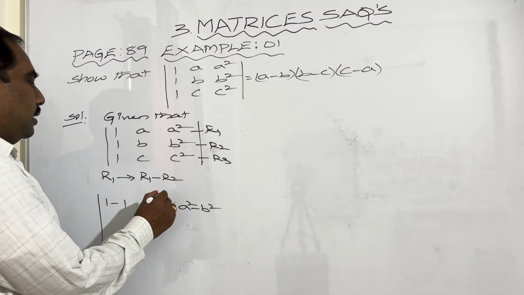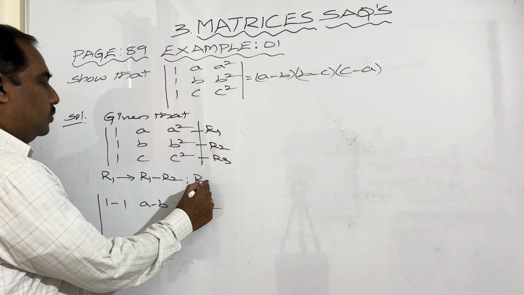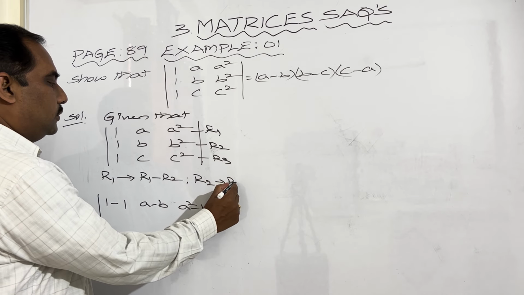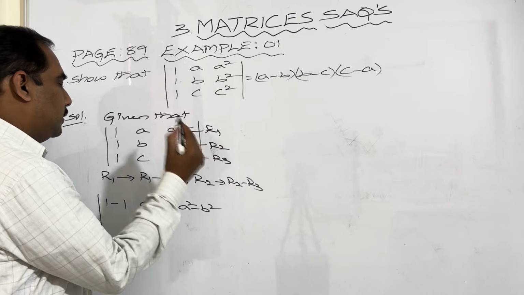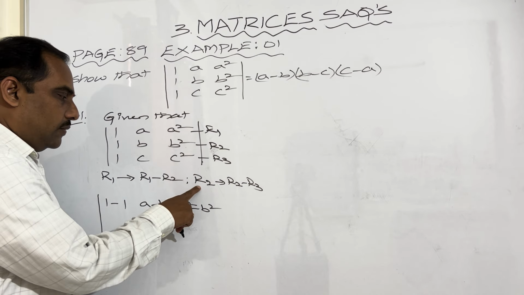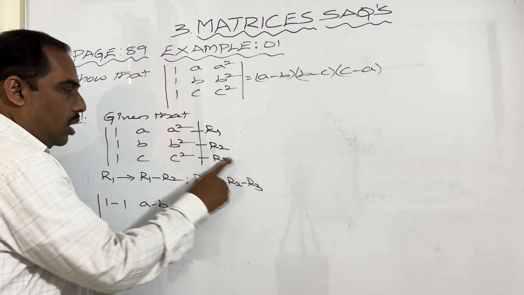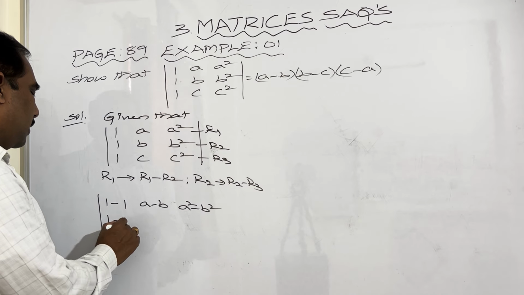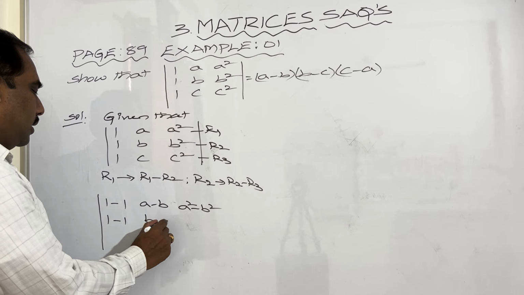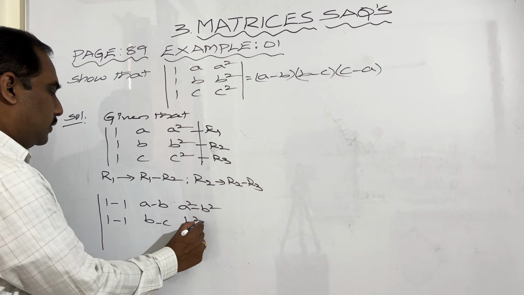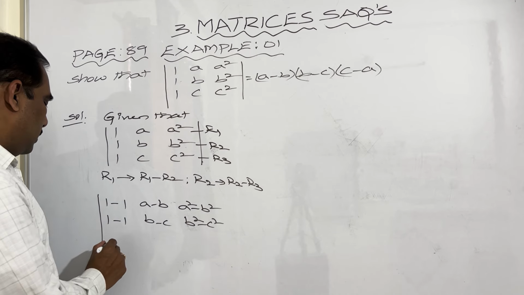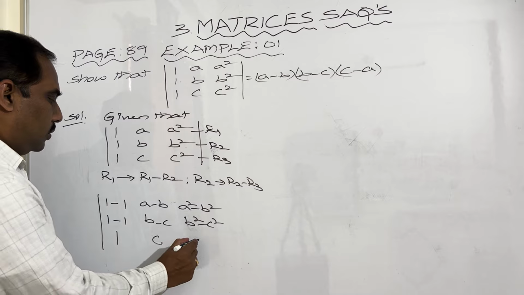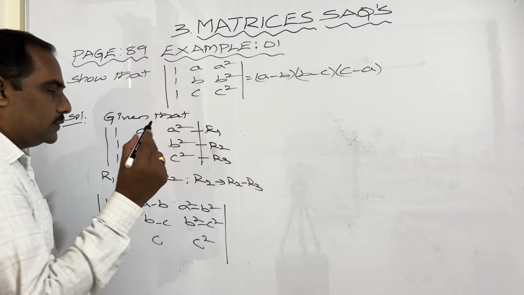And similarly here R2 to R2 minus R3, so writing in the place of R2, subtracting R3 from R2. That means 1 minus 1, here b minus c, and this is b square minus c square. And the last row R3 writing as it is.